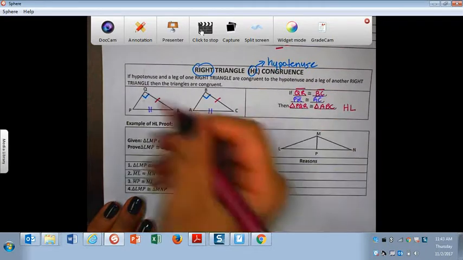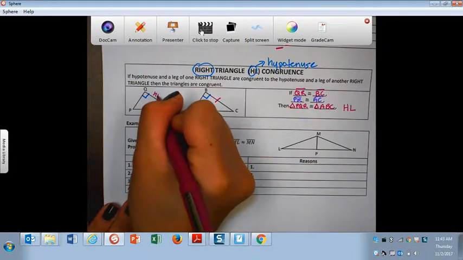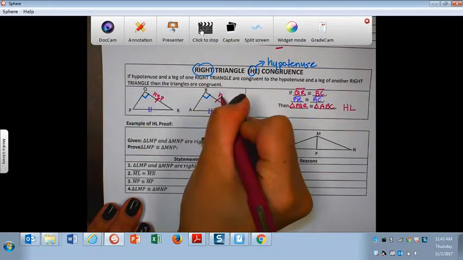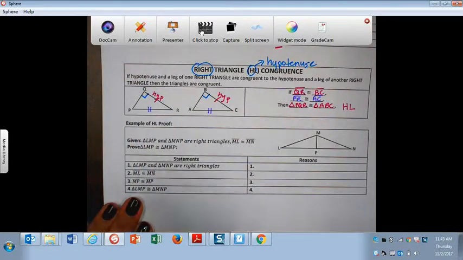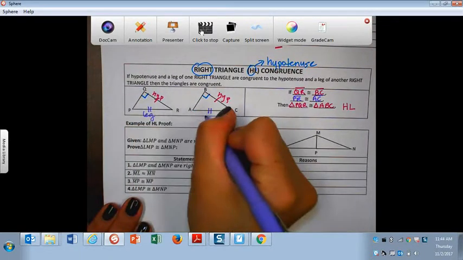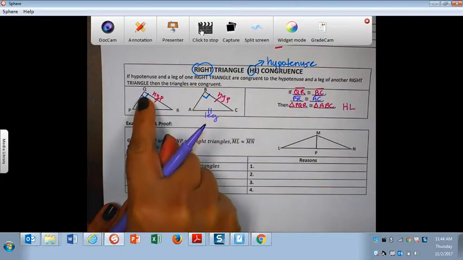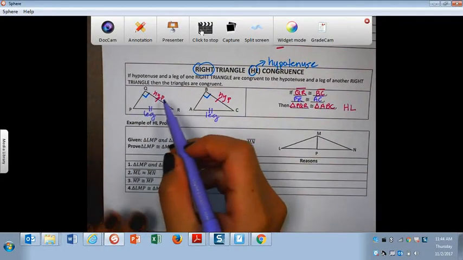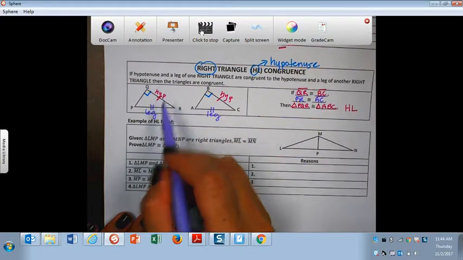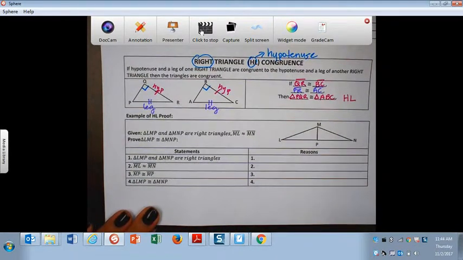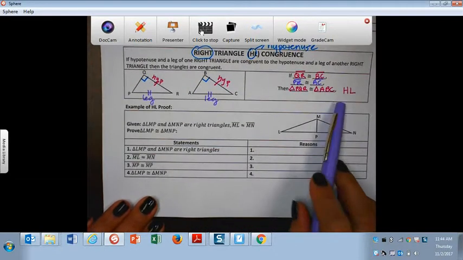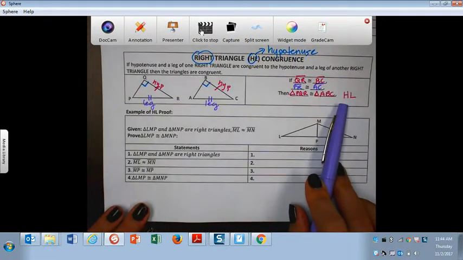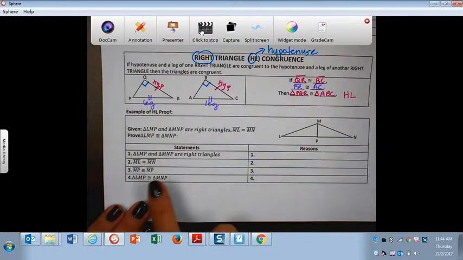This is your hypotenuse right here, and this is your leg. We don't have to discuss that angle because we know those are both right angles. So once you have a right triangle and one pair of hypotenuses and one pair of legs that are congruent, you have that HL property.